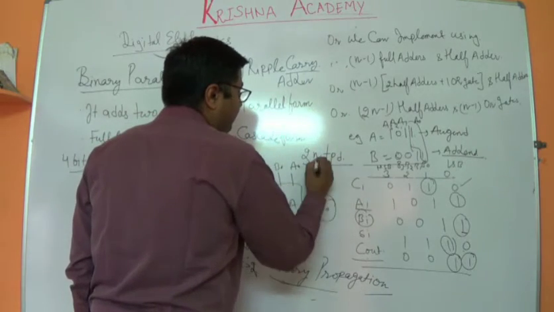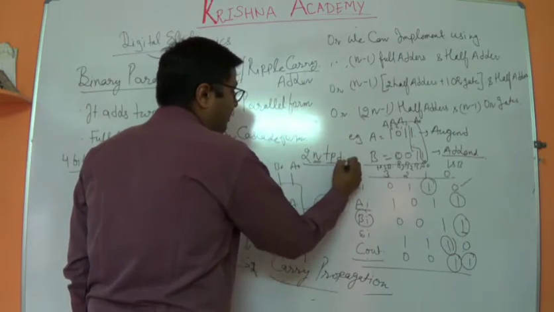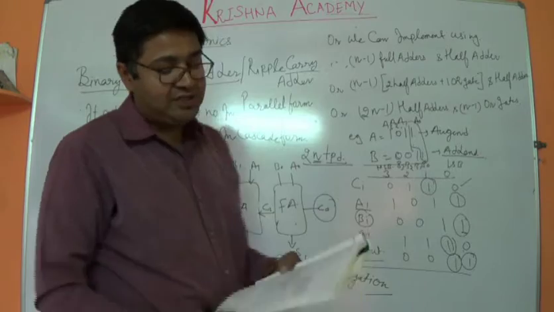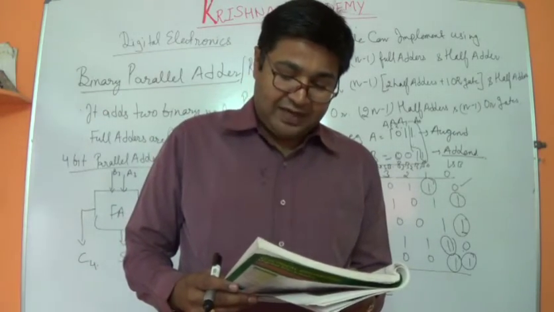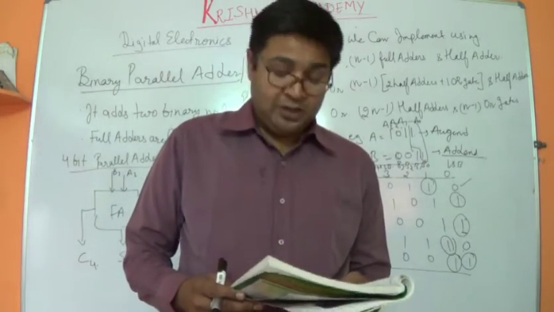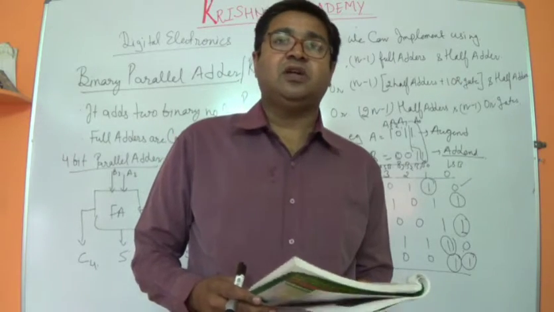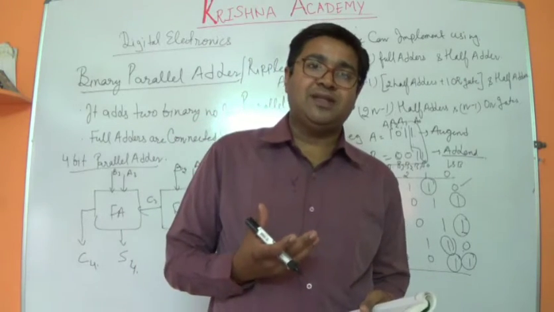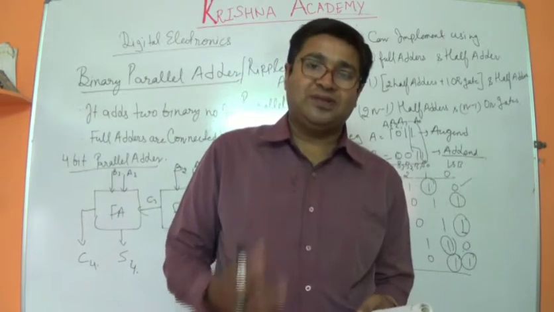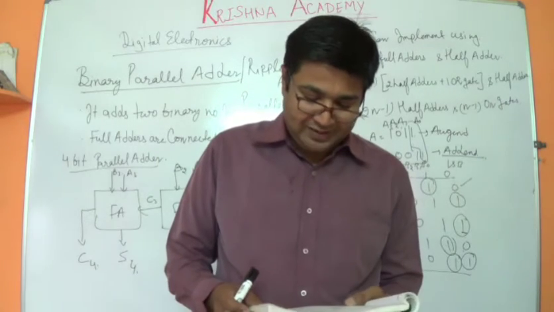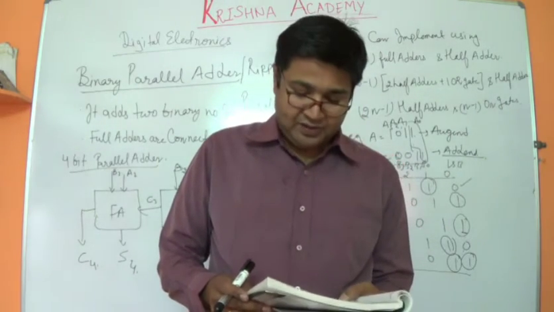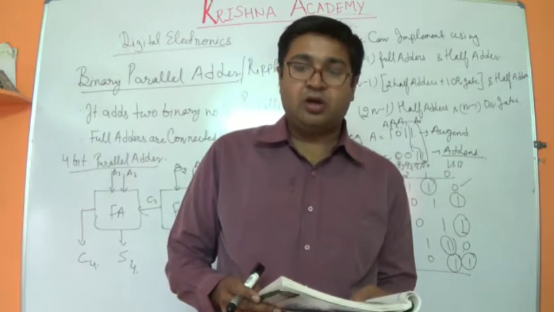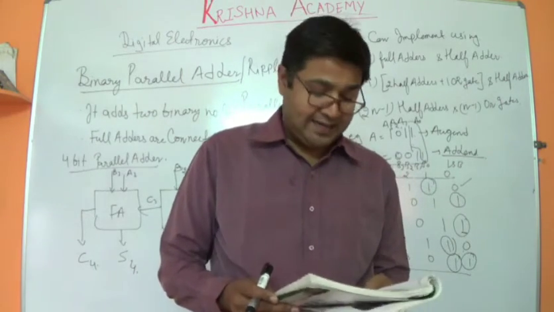Here n is the number of bits used, and TPD is the propagation delay in that particular adder. Each gate will have a propagation delay, so ultimately it will slow down the whole process. If it slows down the whole process, we can use a new type of adder, called the look ahead carry adder.